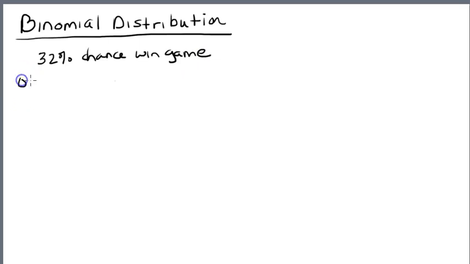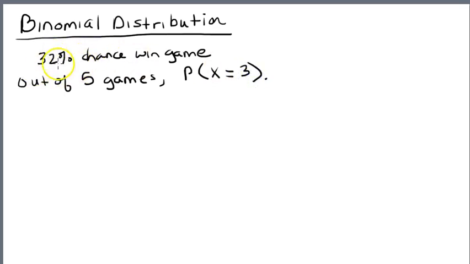Now, out of 5 games, we want to find the probability of winning exactly 3 of them, given again that you have this 32% chance of winning any single game.